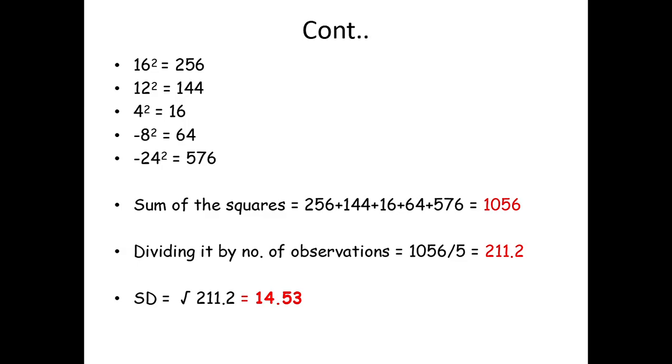Then dividing it by the number of observations, 1056 divided by 5 is equal to 211.2. Then the standard deviation is equal to the square root of 211.2, that is equal to 14.53. So here the standard deviation is calculated at 14.53. In this way you can calculate standard deviation if you are given the data.